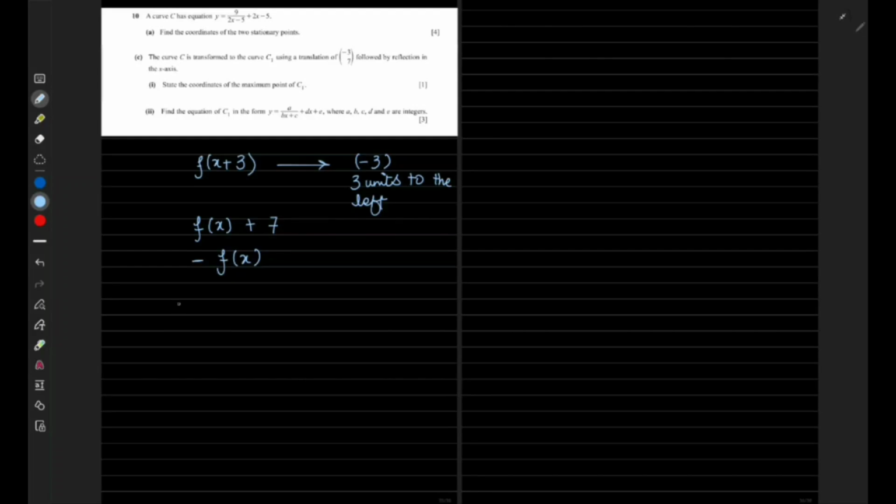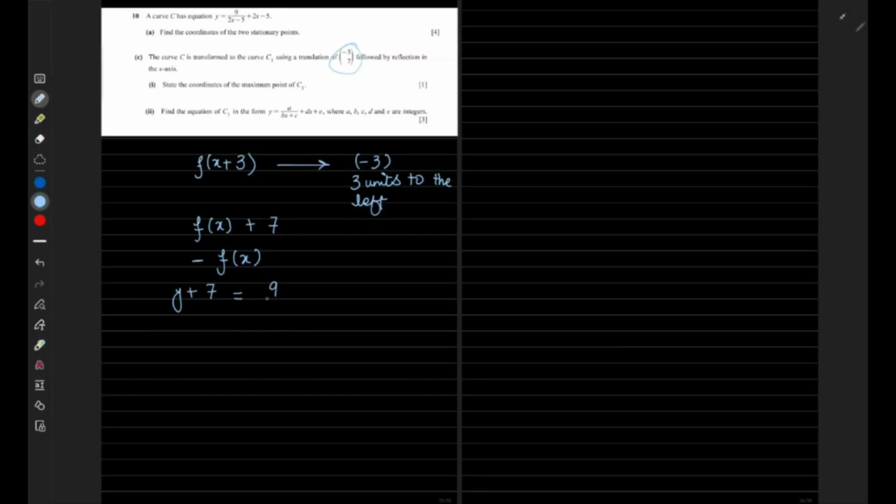So let's do this. First of all, translation, that is like 3 is added in the x. Applying simultaneously, 7 must be added in y and 3 must be added in x.